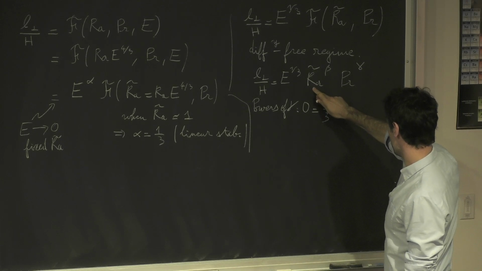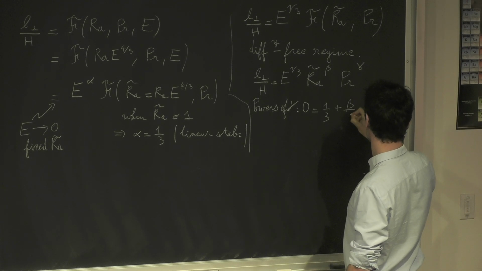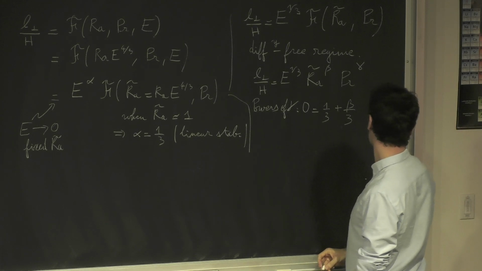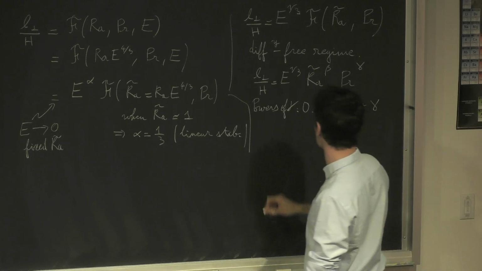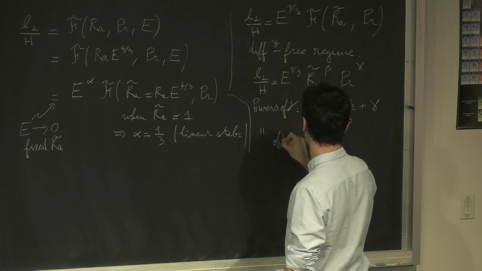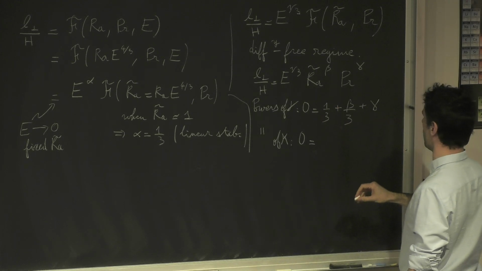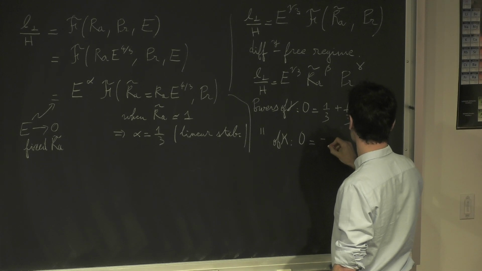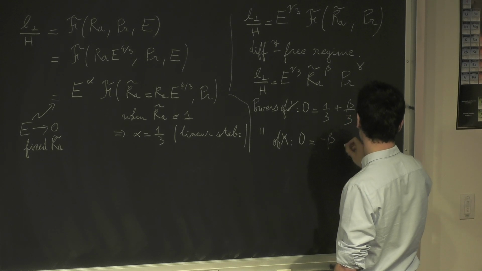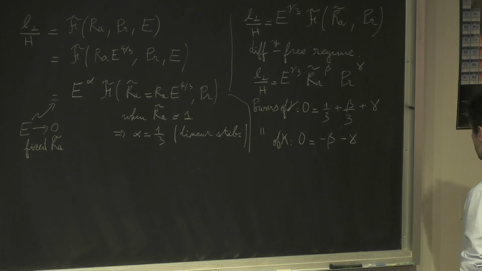Then Rayleigh tilde is Rayleigh Ekman to the 4/3, so it has nu to the 1/3 plus beta over 3. And Prandtl has nu upstairs, so it should be something like that. And then powers of kappa, you have 0 on the left-hand side. That should be equal to the power of kappa on the right-hand side. That's 0 here. That's minus beta here and minus gamma here. Okay, let's hope this is correct.